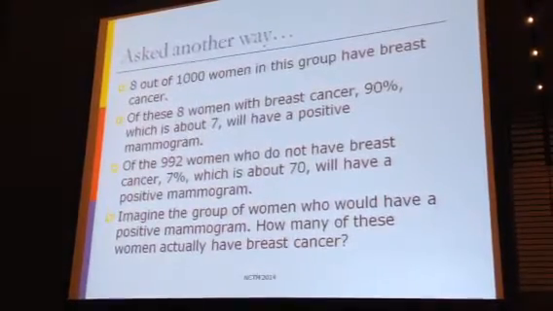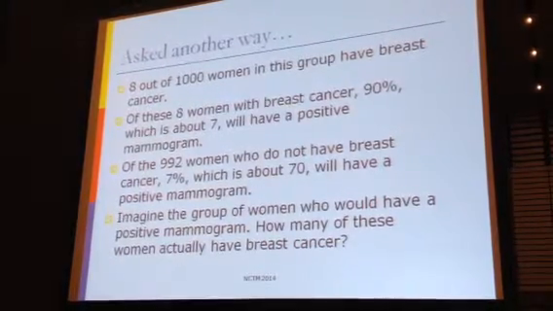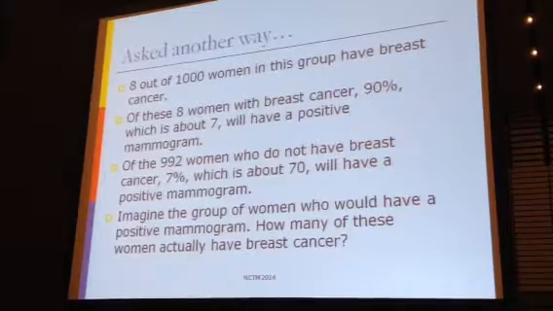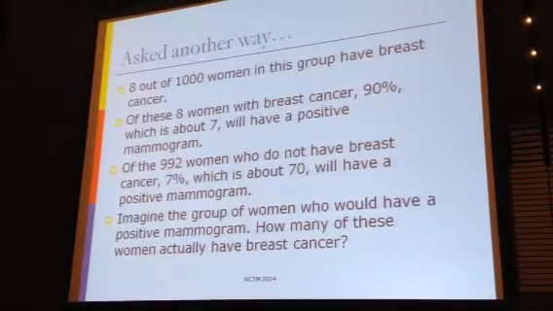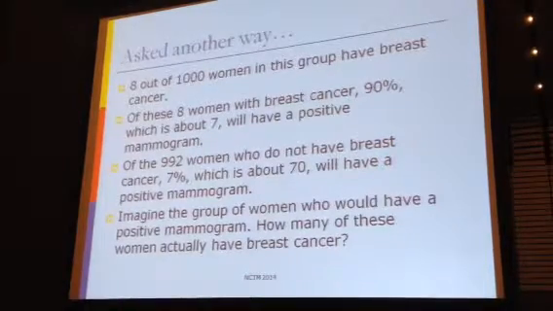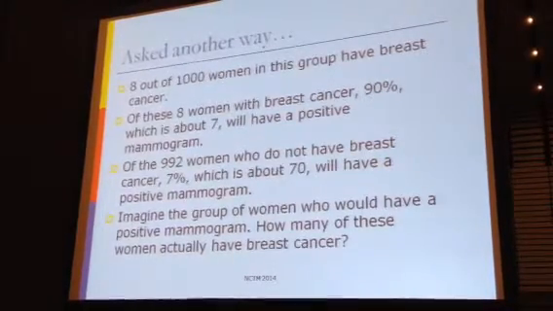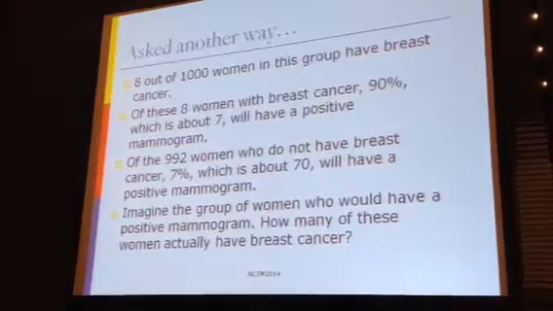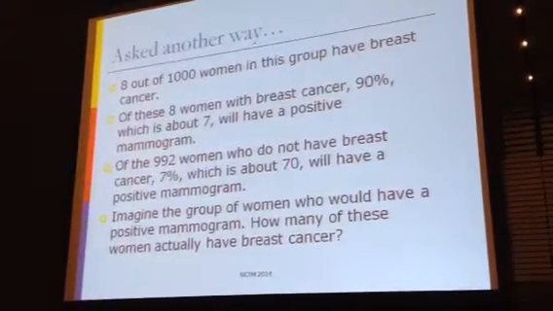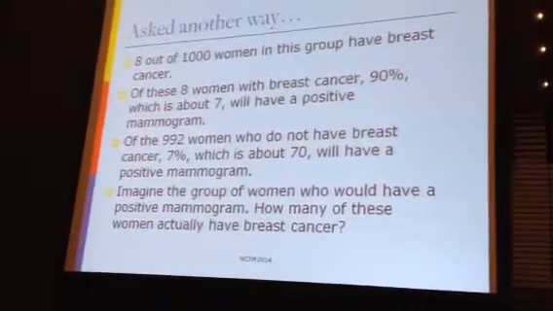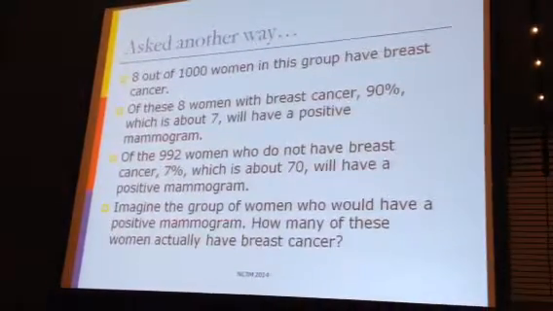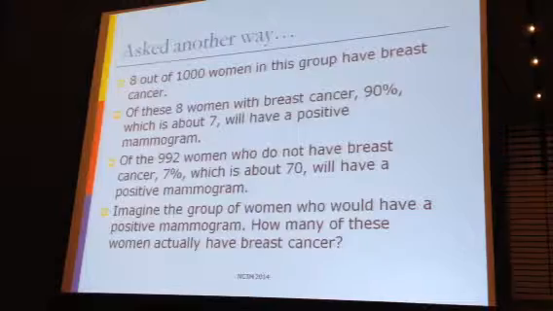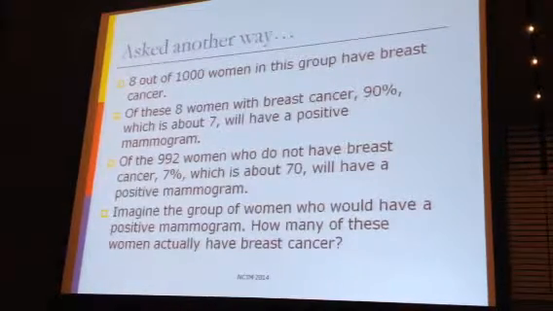That's the kind of translation I'm advocating for. That's the 0.8% of women in the low-risk group. Of those 8 that have breast cancer, 90%, which is about 7, will have a positive mammogram. Of the 992 who don't have breast cancer, 7%, which is about 70, will have a positive mammogram.